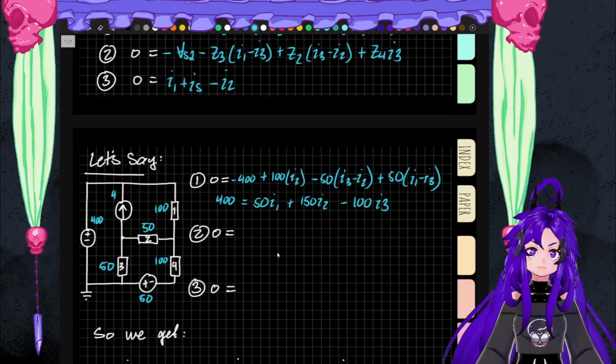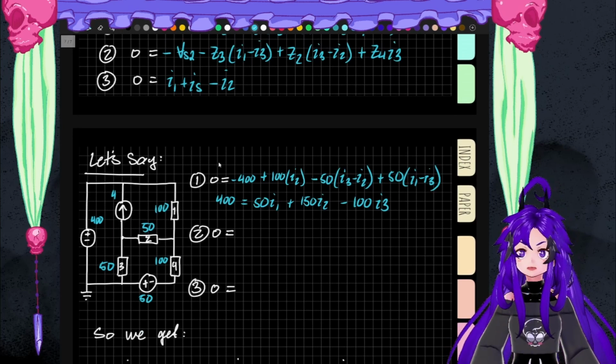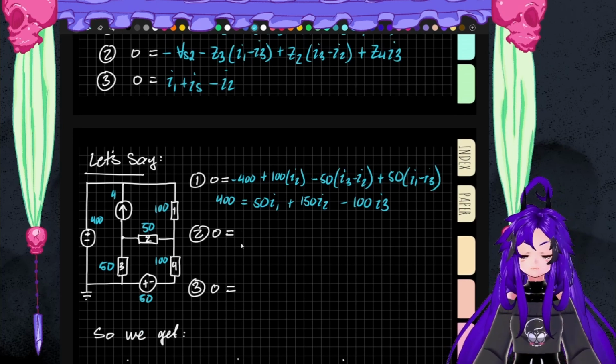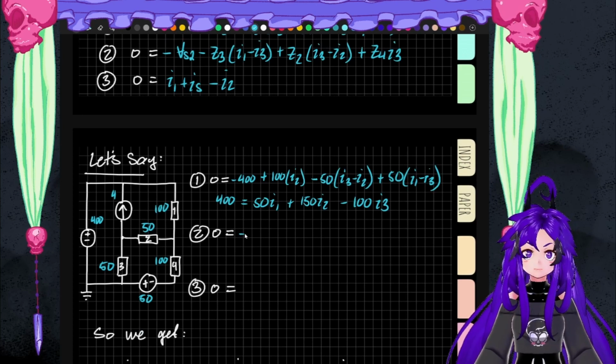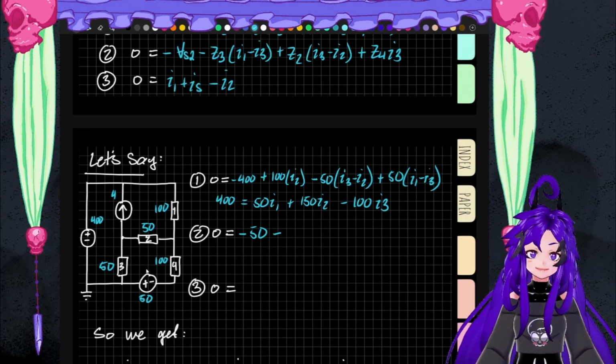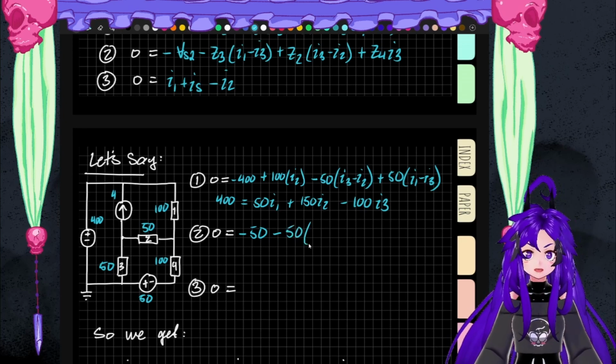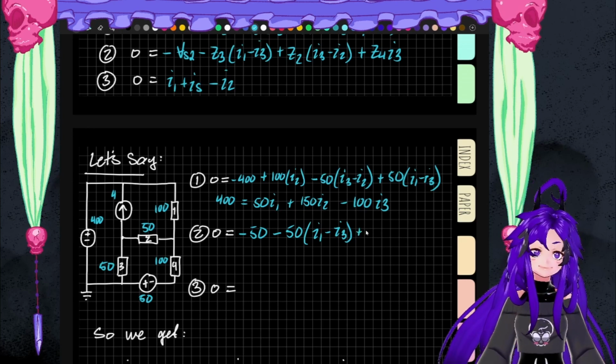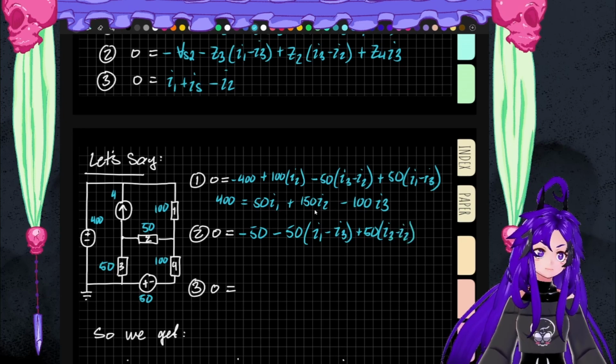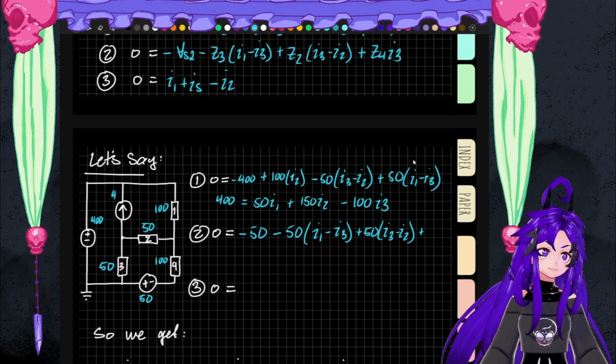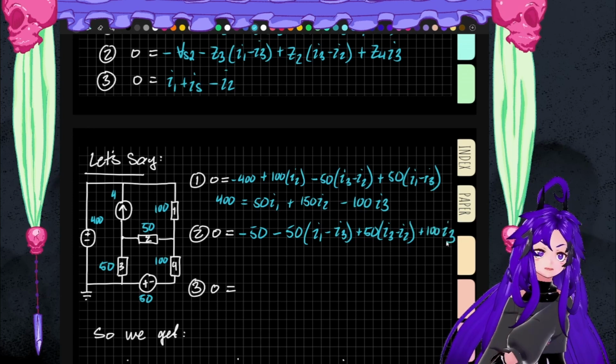All right? I'm going to scroll up a little bit. So equation 2, right? We're going to have minus 50 minus Z3, which is 50, times I1 minus I3, plus Z2, which is 50, times I3 minus I2, then plus 100 I3.